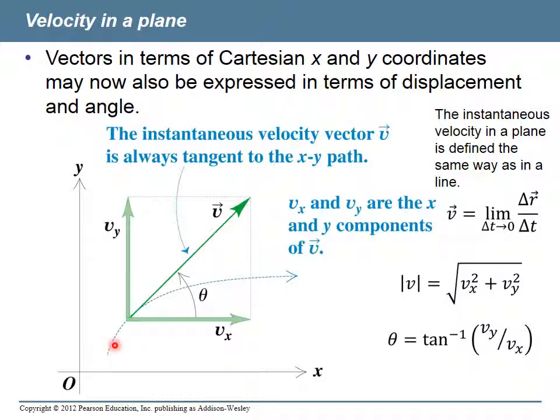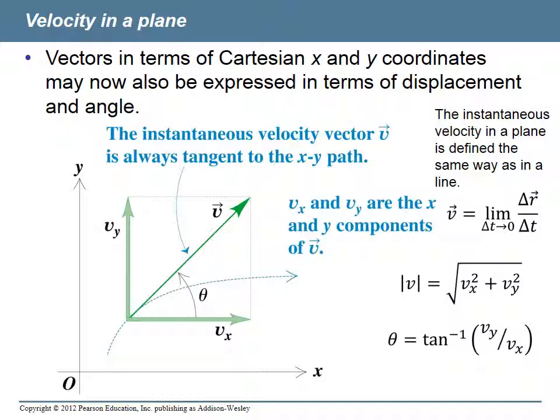So this line right here is tangent to the path the object takes at that point. And that's the instantaneous velocity. It says instantaneous velocity vector is always tangent to the xy path at whatever point we're analyzing it.